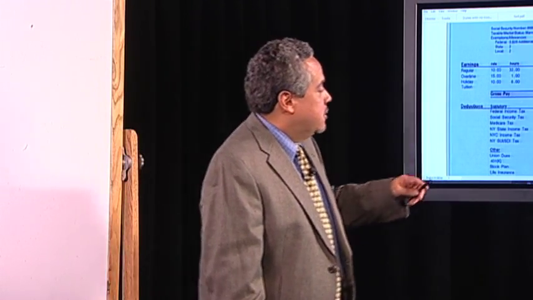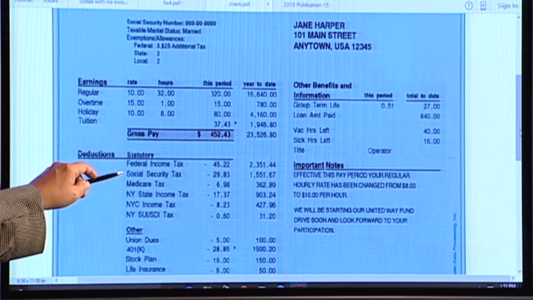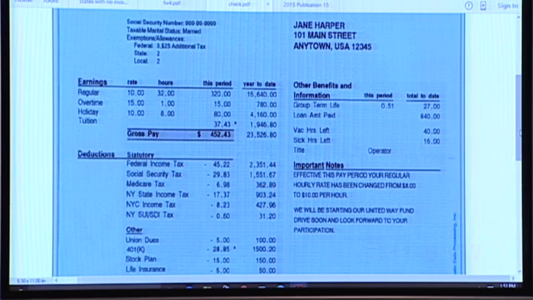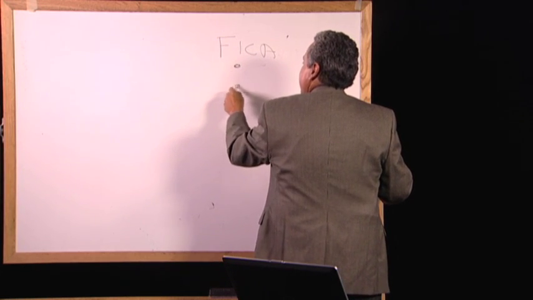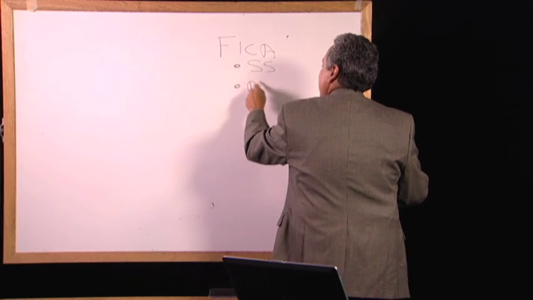So if we go back to the paycheck stub, then we have Social Security and Medicare. Those are what we call FICA taxes. FICA is made up of two taxes, Social Security and Medicare.